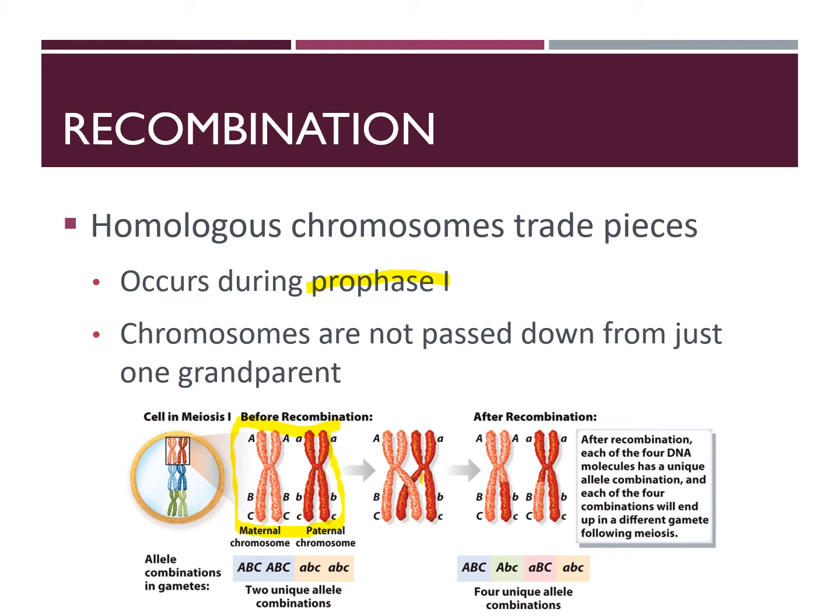And what happens is they can get tangled together, and then when they separate, each one has a piece of the other. And so what you see here is 4 different chromatids.